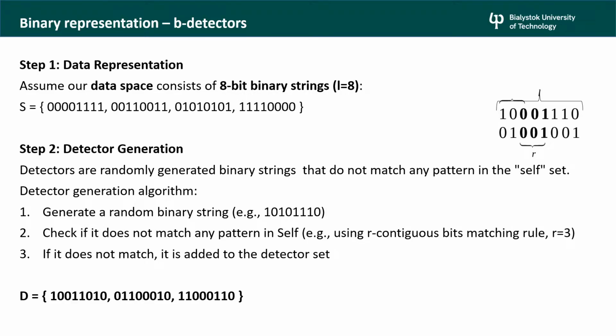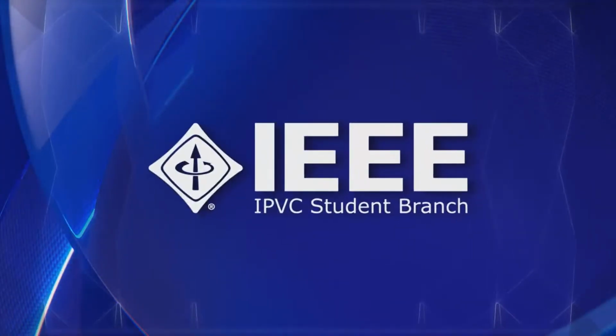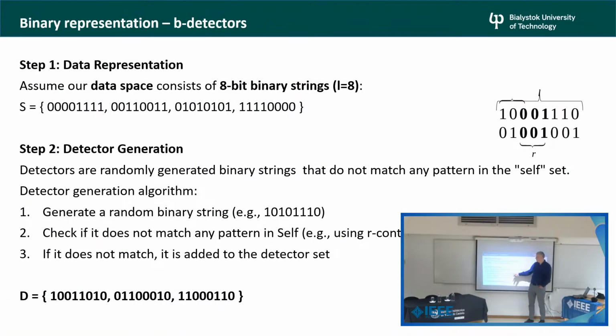How are these detectors generated? In the case of binary and real-valued detectors, they are generated in a random way. So we generate a random binary string, for example, this one, and check the distance between this possible detector and the samples.